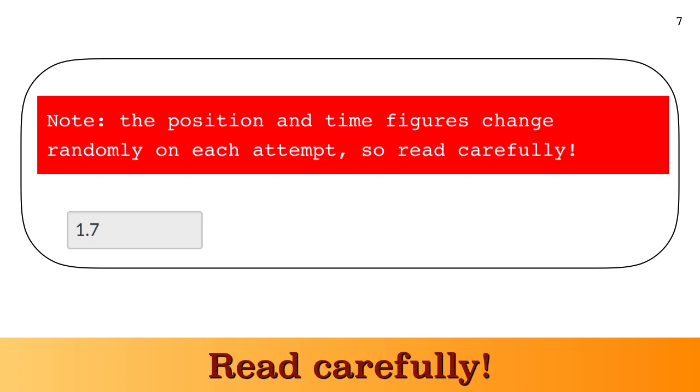So if you get this one right, but then you got the question before that wrong, and you want to do another attempt, and you get to this problem on your next attempt, 1.7 might be wrong. Okay, so just read carefully and recalculate. If you got it right once, you can get it right again. All right. And the reason that we have 4 attempts is so that you can use the homework as a study tool.